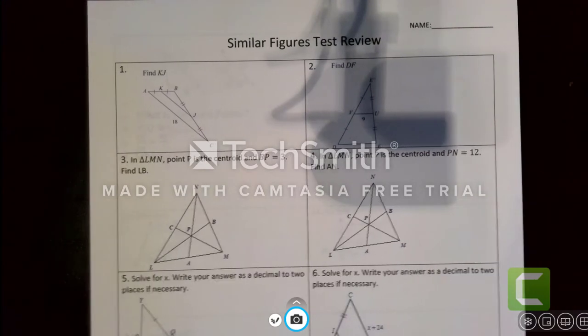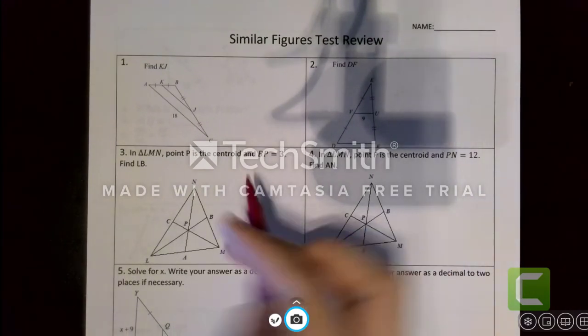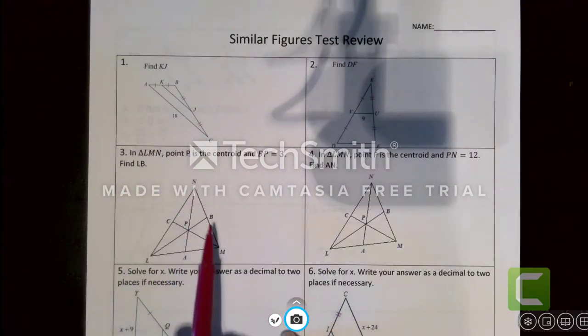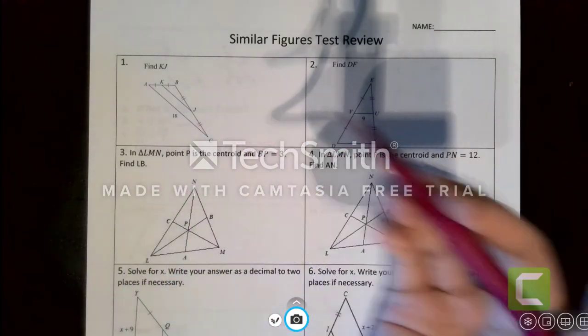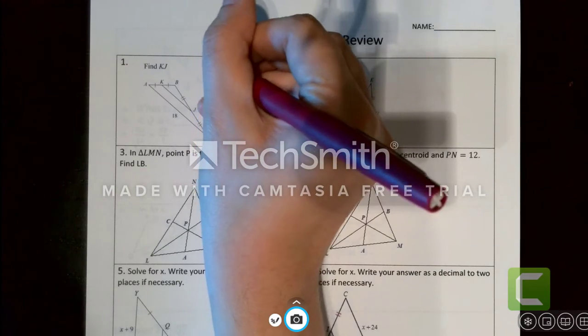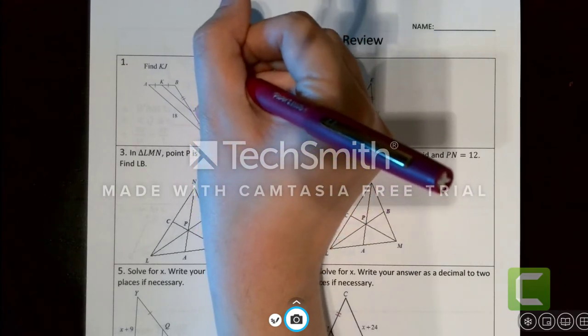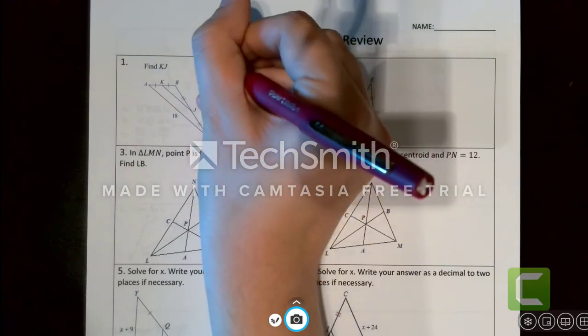To begin with our similar figures test review, we first need to talk about mid-segments and medians. When we're discussing the formula for mid-segments, we always talk about the triangles having two different formulas.